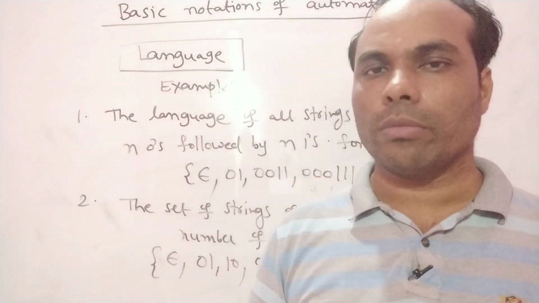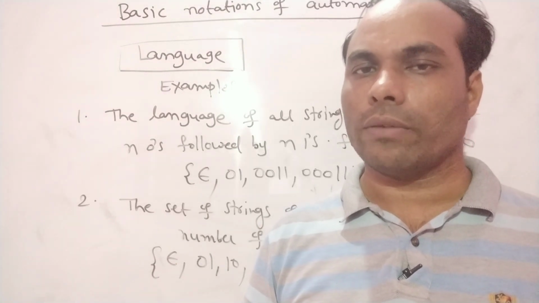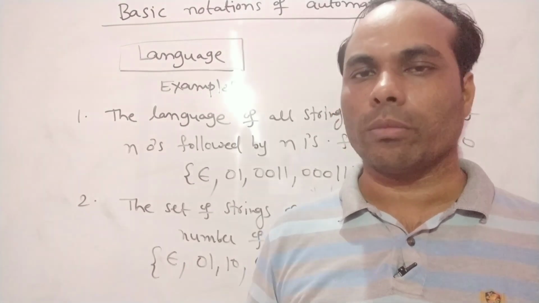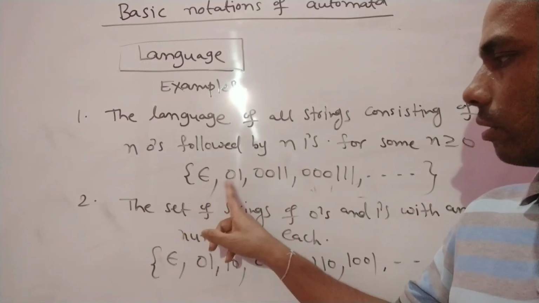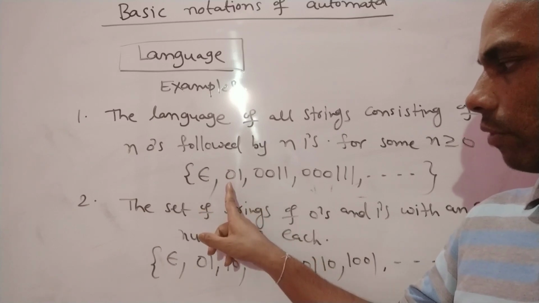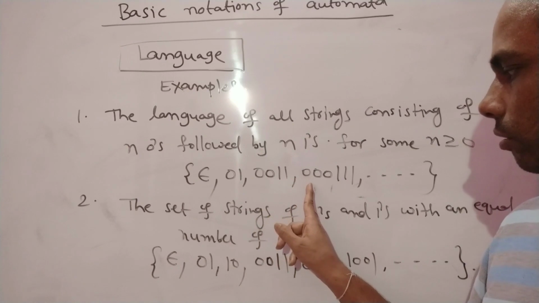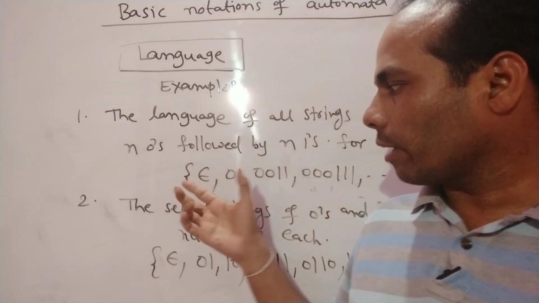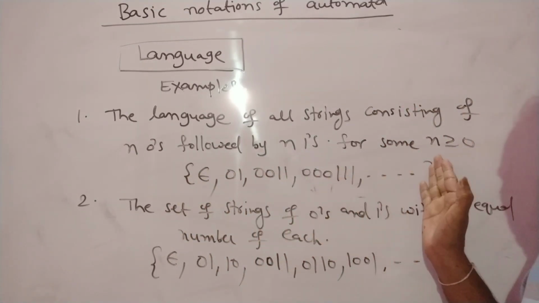It means 0 zeros and 0 ones, 1 zero and 1 one, 2 zeros followed by 2 ones, 3 zeros followed by 3 ones, and so on. It is an infinite language, because an infinite number of strings are possible.